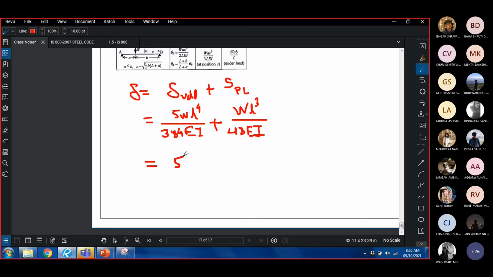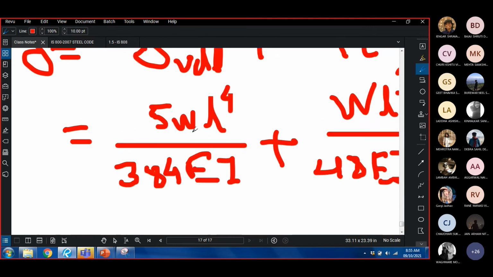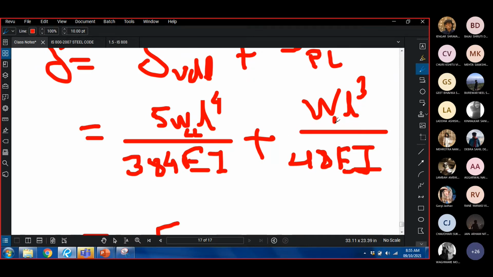So this is 5. Now we have to be cautious that this is live load deflection. So while using the value of small w and capital W, make sure that you use only live load. So I'll just write this subscript here. Small w live load and capital W live load.